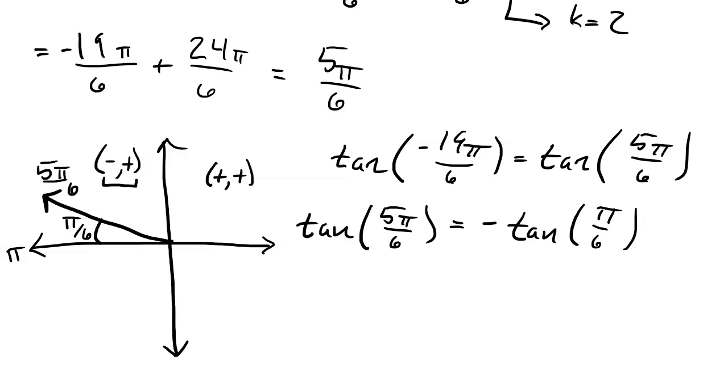So, why is that? Well, because tangent of pi over 6 is in the first quadrant, it's going to be a positive value. This is something that we talked about a couple days in class.